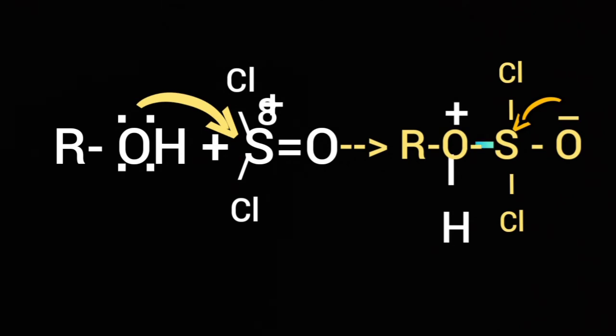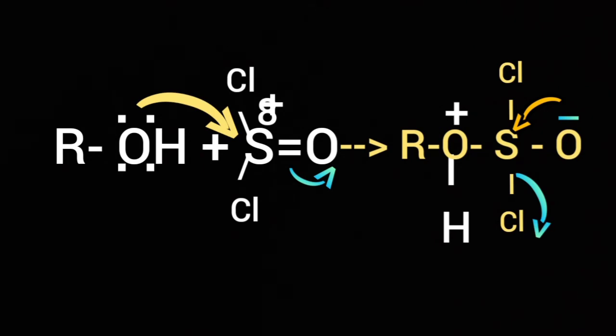A pair of electrons is donated by oxygen, and between O of alcohol and S of thionyl chloride, a bond is formed. O becomes positively charged because it has 3 bonds. During the formation of the bond, the pi bond between S and O in SOCl2 is shifted and O becomes negatively charged. The negative charge on oxygen immediately forms a pi bond with sulfur, and the existing sulfur chlorine bond breaks.